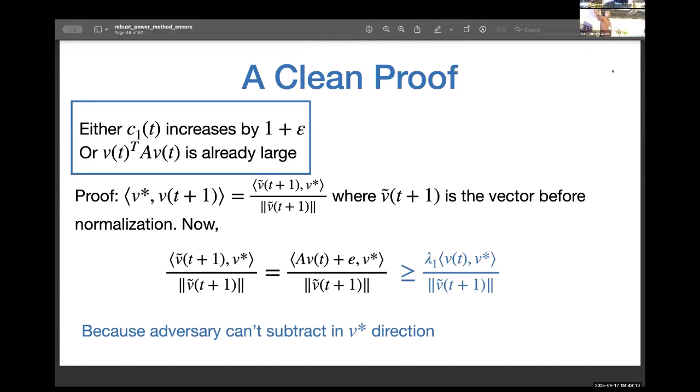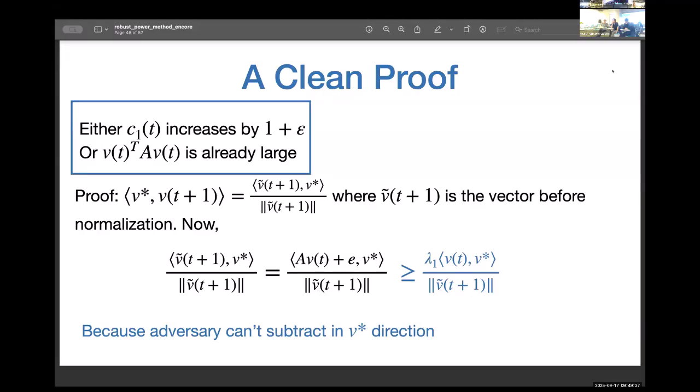And now, what was this unnormalized vector? Well, it was the result of a noisy or adversarial matrix vector product. This unnormalized vector was where I took the vector at the previous time step and I added some error. And I'm going to keep the normalization. That's going to be the key thing. I'm going to keep track of the normalization this time, whereas previously in power method I didn't care about normalization. It kind of canceled on its own. But here I have to care about normalization a little bit.